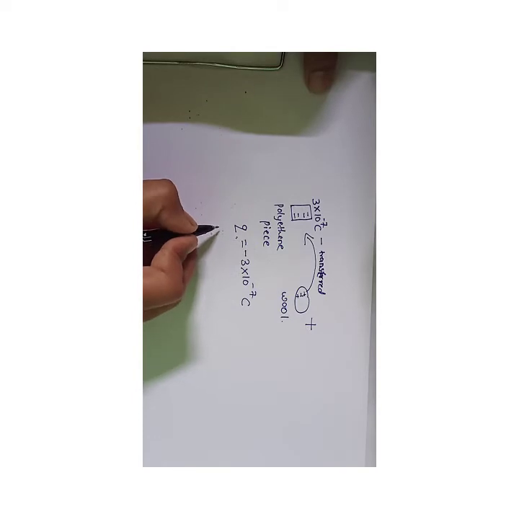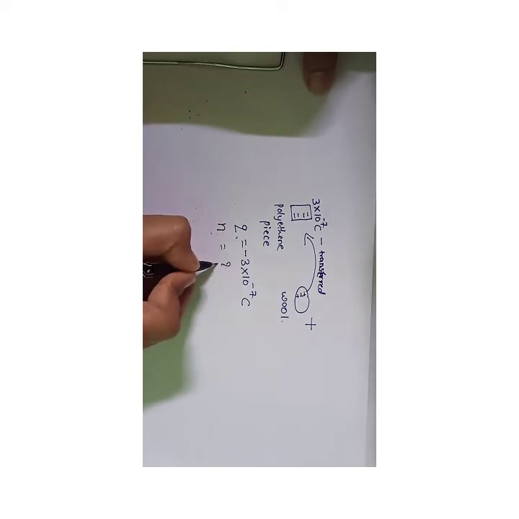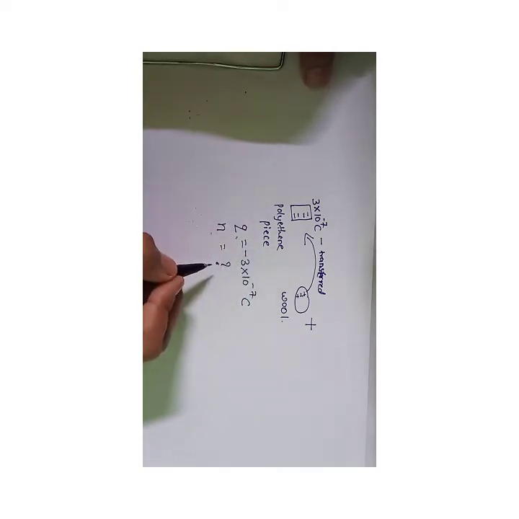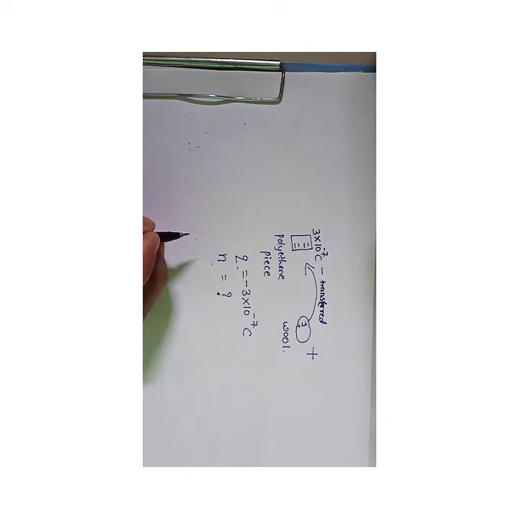Now what we have to calculate here is the number of charges transferred from wool to polythene piece. For this problem we use the quantization of charges. Here comes the equation Q equals plus or minus nE. This capital Q I have taken as small q, so I can replace it by small q. So the equation becomes q equals plus or minus nE.